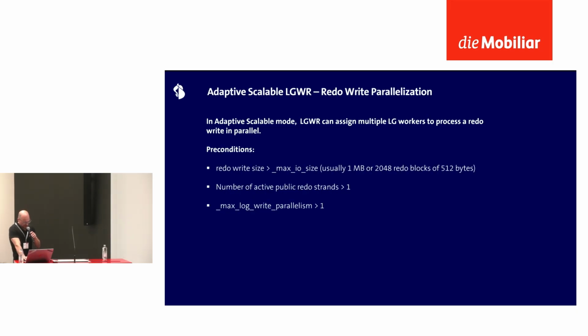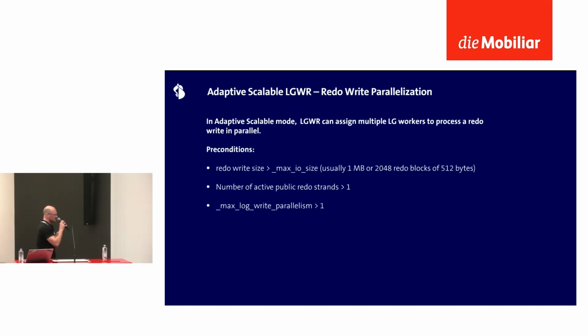Now to the question, when does LogWriter do a concurrent write, a pipelined write, and when does it do a parallel write? That is also something not in the docs, and the factors are listed here. So we need at least 1 megabyte of redo to be written. If we have less than 1 megabyte of redo in the redo strands in memory, LogWriter will never parallelize a write. It'll only issue pipelined writes in scalable mode.